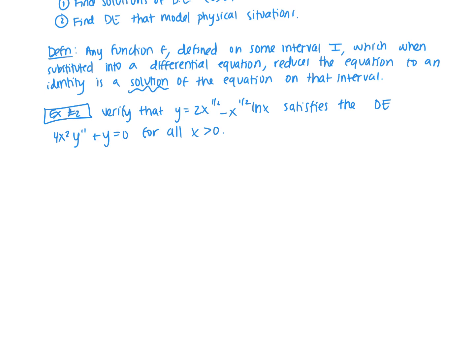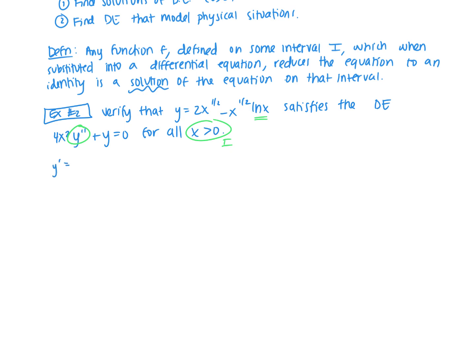Okay, all x greater than 0, that tells us our interval. So our function is defined on that interval because we have natural log of x, so that's what restricts the domain. So if we're looking at our differential equation, ultimately we're going to have to find the second derivative. So that's what we're going to start with, finding the second derivative, and then substituting in and seeing what happens.